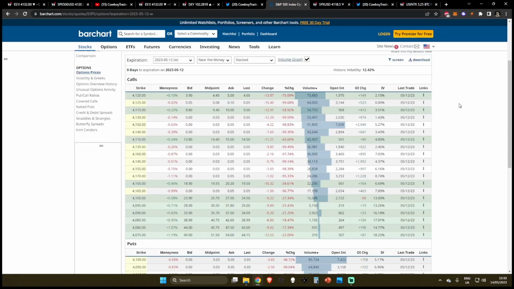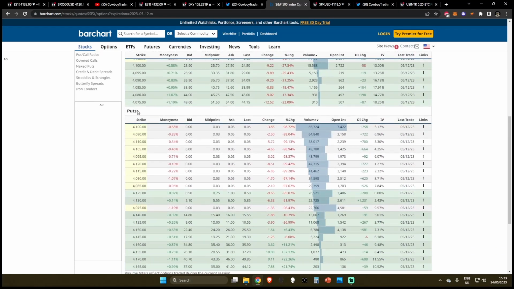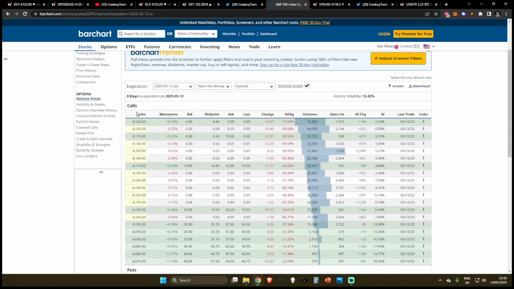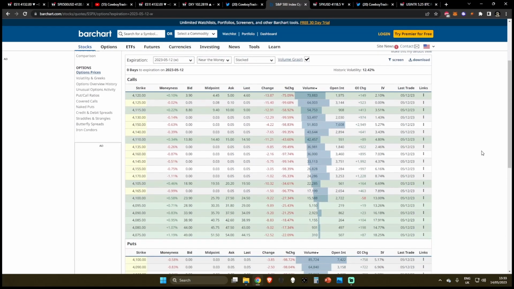But what you really need to know is basically in the options world, puts are like stop losses for trades, and calls are like take profits. Calls are also buys, puts are also sells. For example, if you were expecting the S&P 500 to rise, you may purchase a call on the S&P 500 at the strike price of, let's say, 4,200, and the S&P 500 is currently trading at 4,000.